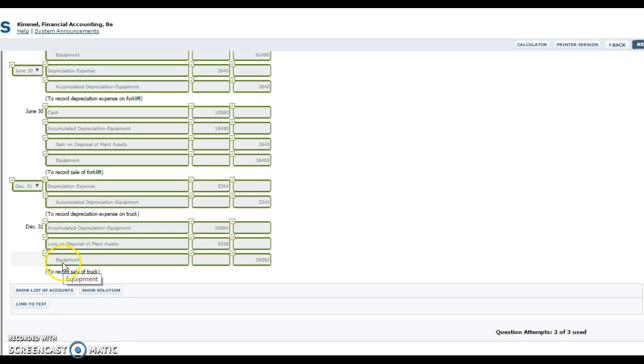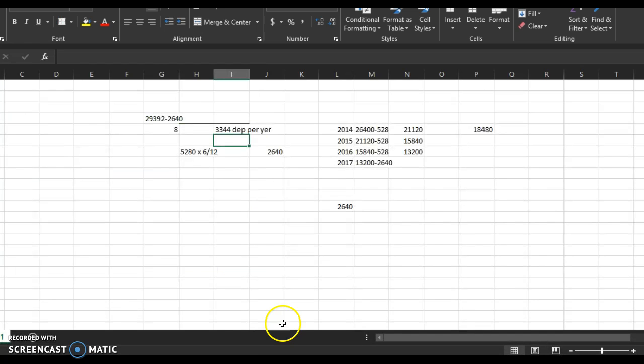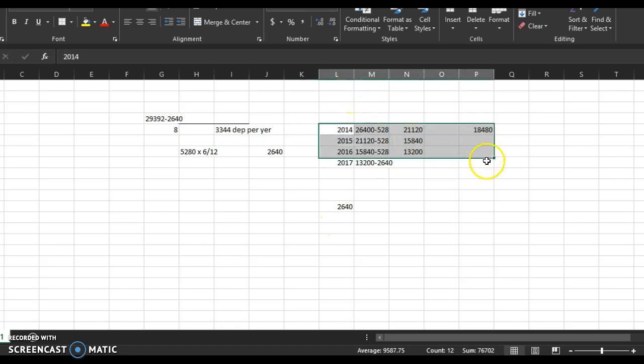So again, we would start with the equipment. We already know that we paid $29,392 for it. So we're going to put that in our credit column. And then we're going to go back and figure the accumulated depreciation on this equipment. So we'll erase what we have here.